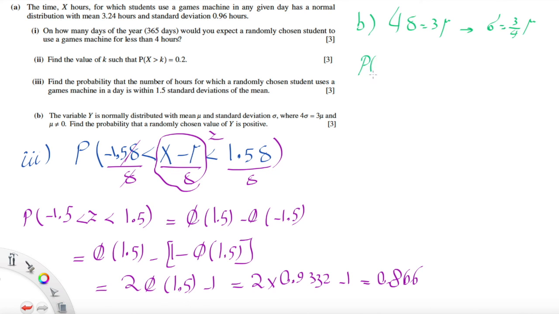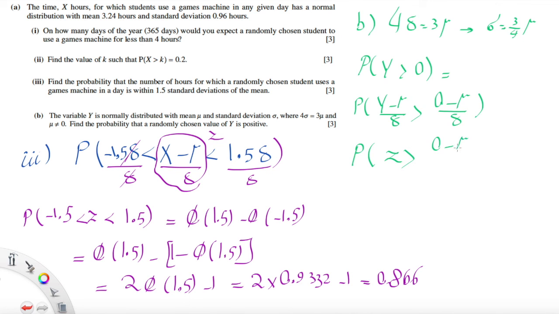So we are looking for the probability of y greater than 0. First step is to standardize: y minus mu over sigma greater than 0 minus mu over sigma. Probability of z greater than 0 minus mu over sigma, where sigma is 3/4 mu.